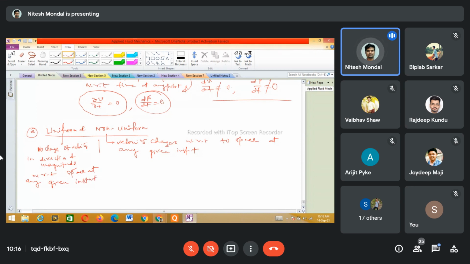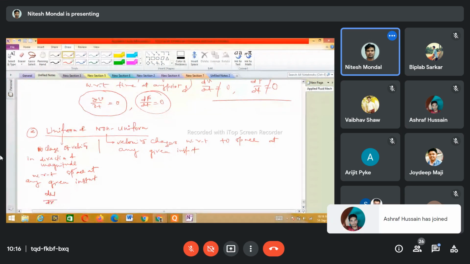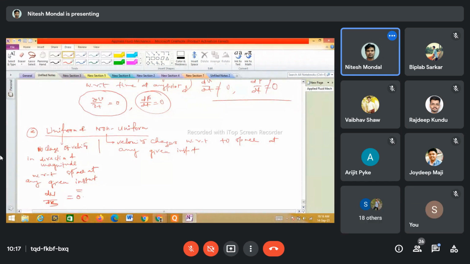So mathematically we define the uniform flow as du by dx, or better du by ds, equal to 0, but here du by ds is not equal to 0. So this is the main thing.